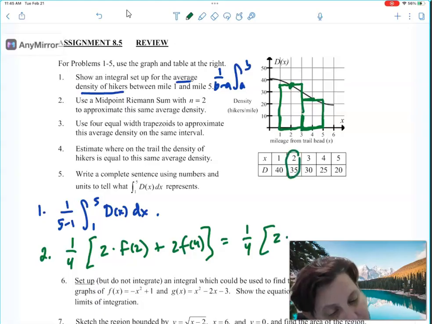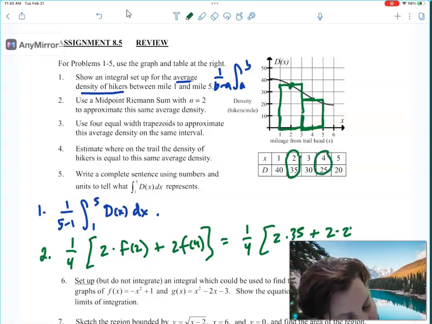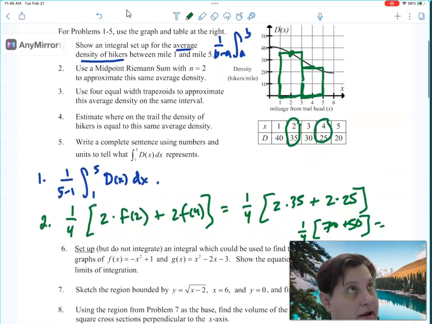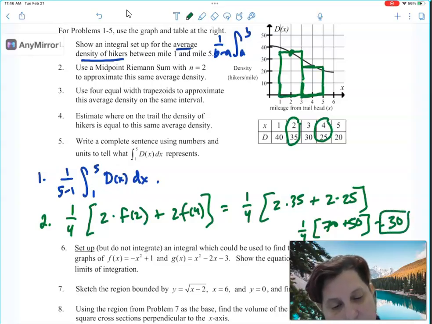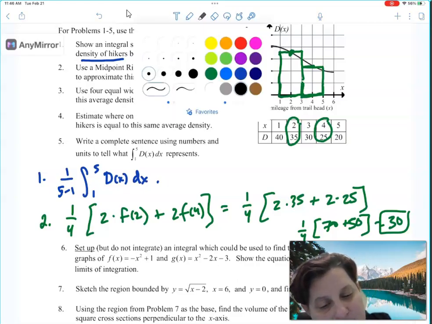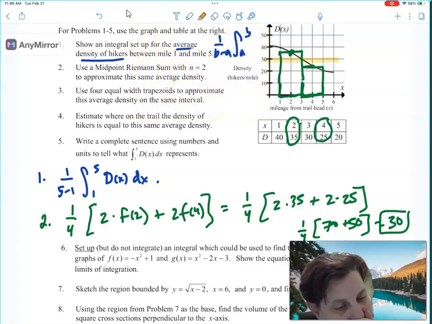So that's 2 times 35 plus 2 times 25, which is 70 plus 50. So the area is 120, but when I divide by 4, the average density is 30. And then we could say hikers per mile. So it means the average of all the hikers is right around there, between 1 and 5, which kind of makes sense.